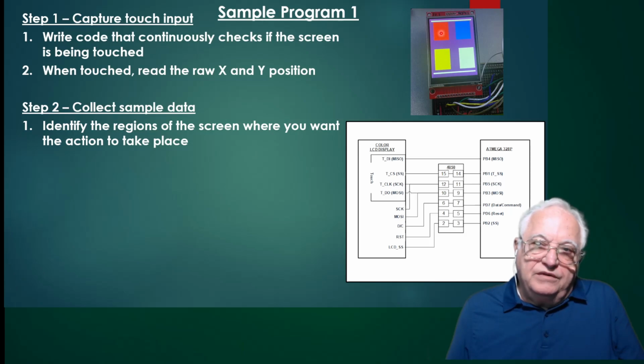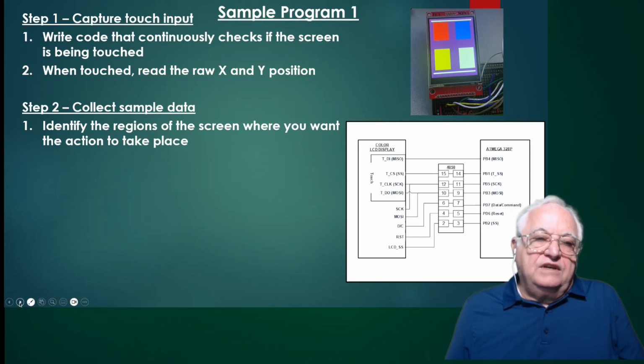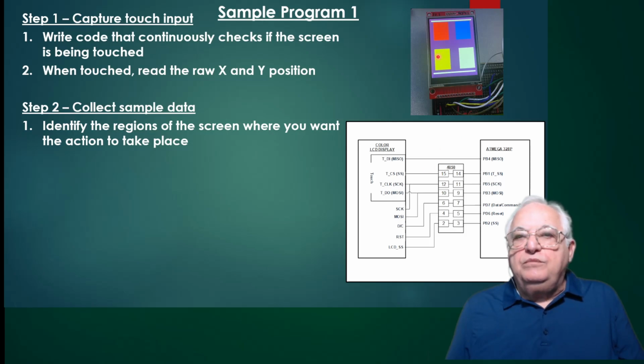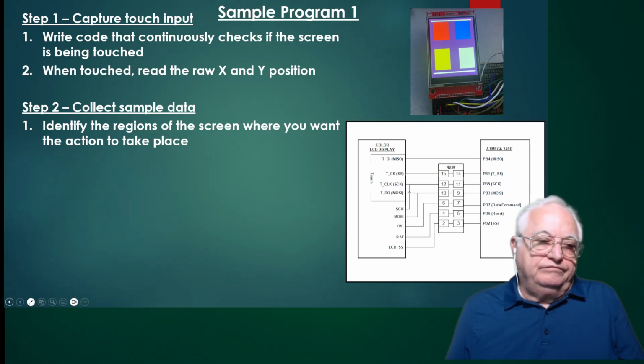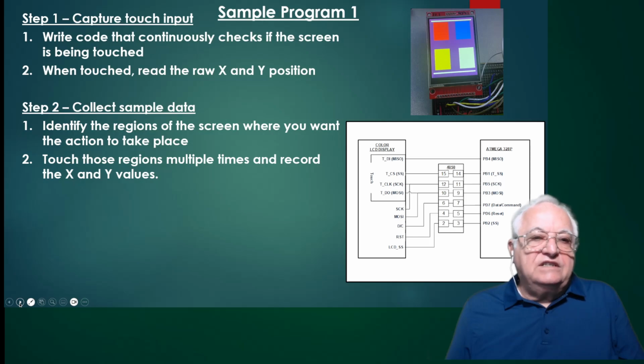So when I press the red or the blue any place, I can make something happen. So identify the region of the screen where you want the action to take place. And that would be the red square, blue square, yellow square, white square. Touch the region multiple times and record the X and Y values. So I take each of the regions and touch it.